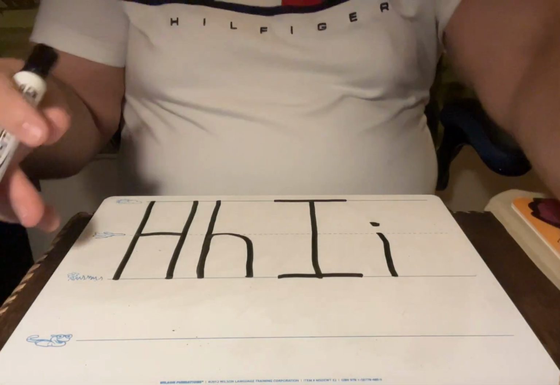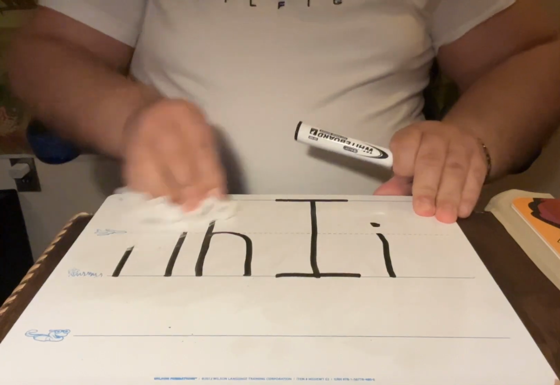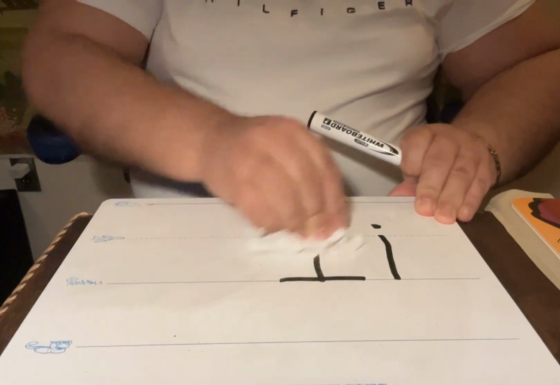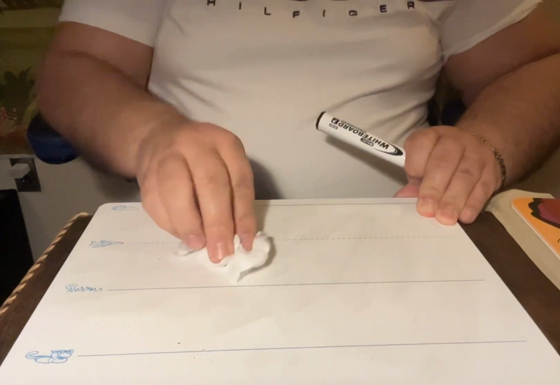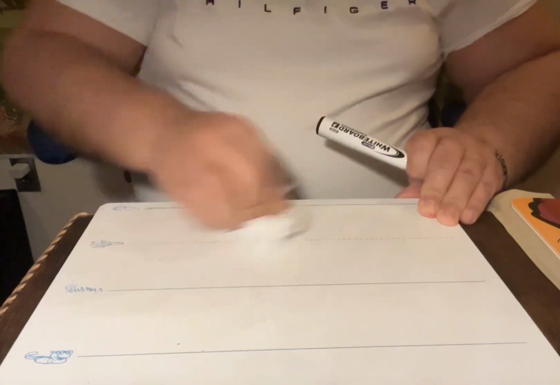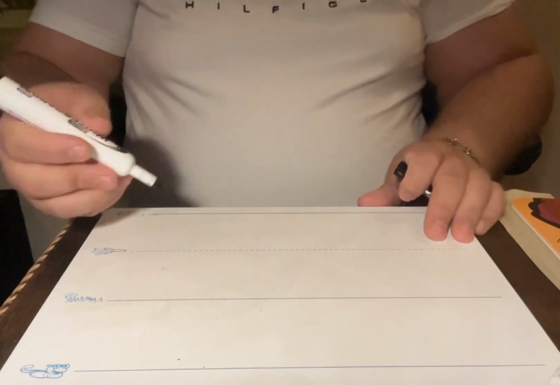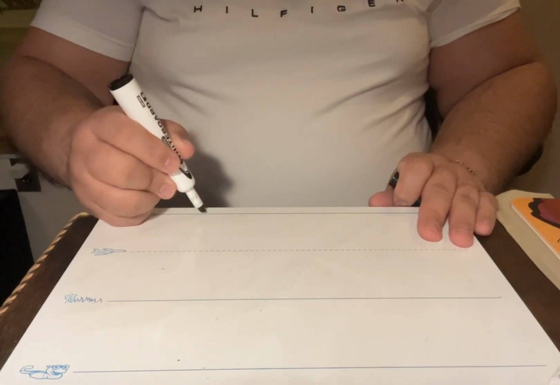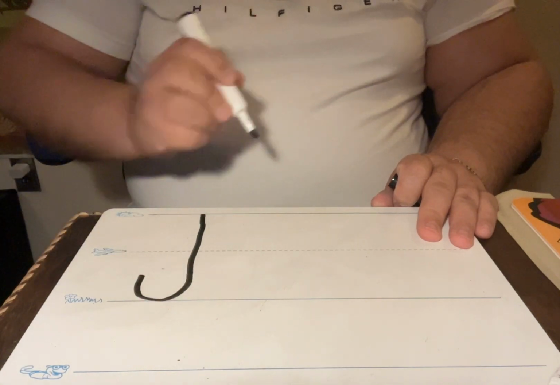And finally, for day 5 of the first week of Foundations Unit 2, or I should say the second week of Foundations Unit 2, you are going to do J. So capital J. Start on the sky, come down to the grass and make a hook.